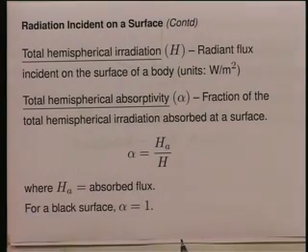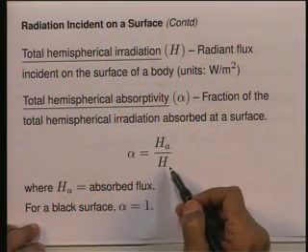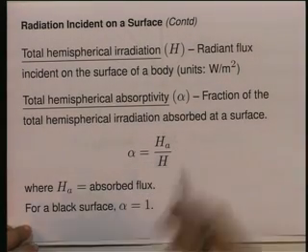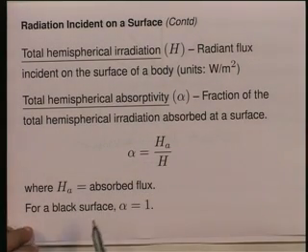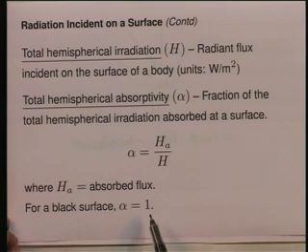Let us say the incident flux is H and the absorbed flux is H_A. So, alpha is nothing but H_A upon H. Both are in watts per meter squared. And obviously, a black surface, by definition, is one for which alpha is equal to 1. A black surface has the total hemispherical absorptivity equal to unity.